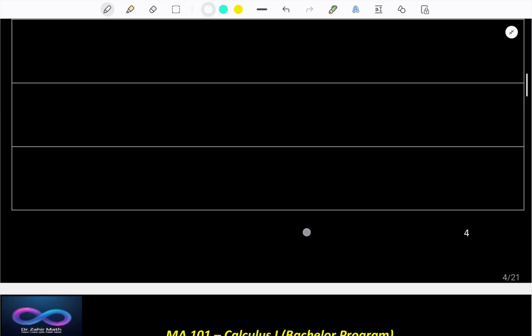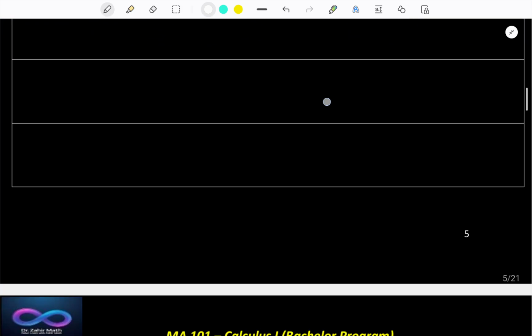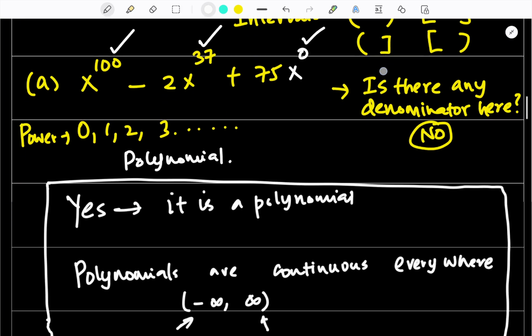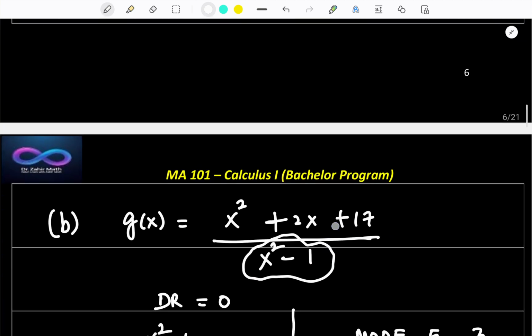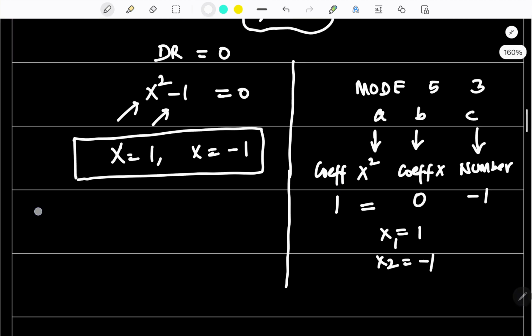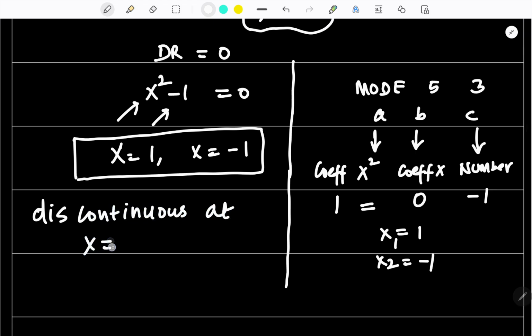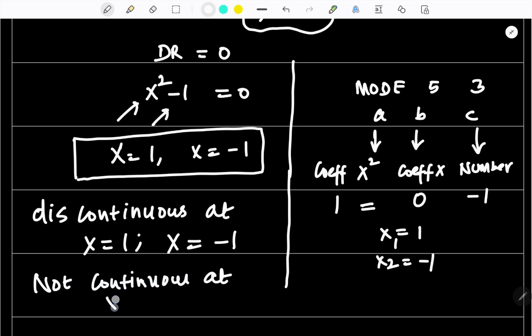The function is discontinuous at x is equal to 1 and x is equal to minus 1. It means what? It is not continuous at x is equal to 1 and x is equal to minus 1.